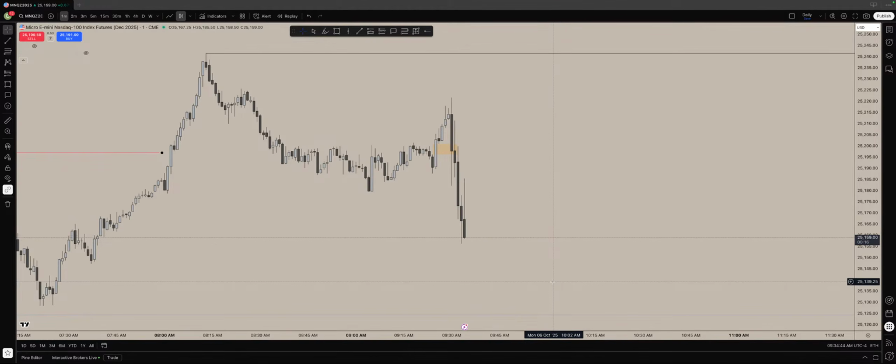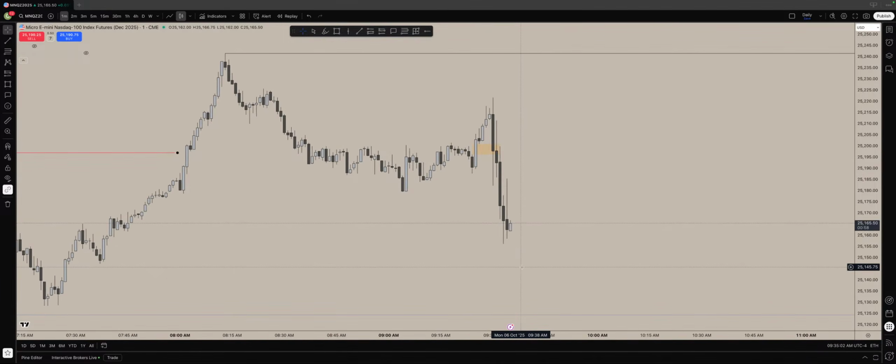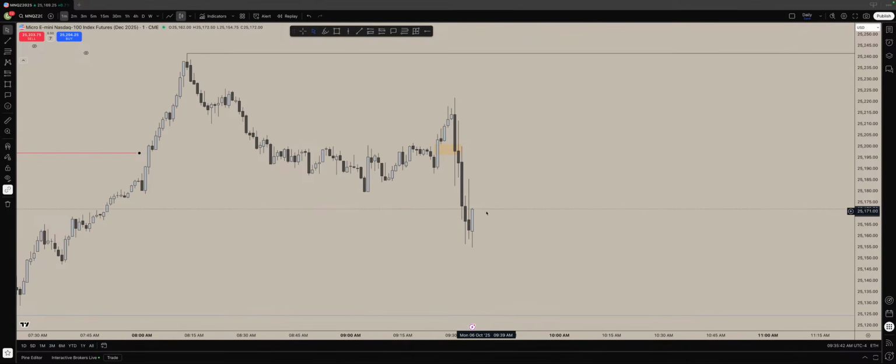As I explained, it would be nice to be able to get into something from this area down to those equal lows.